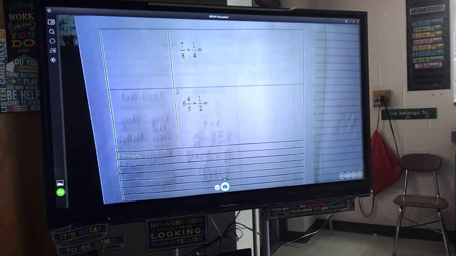Doing keep, change, flip, because you can't cross multiply with it looking like that either. I got the same answer and I didn't. Let me see your paper.